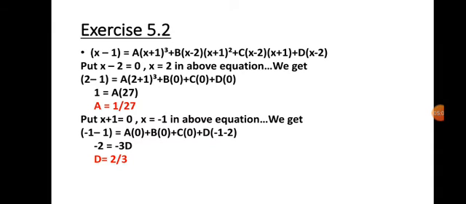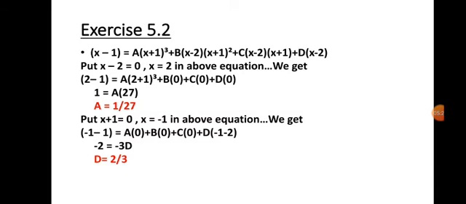So in this way we will get 1 is equal to A into 27, because 2 plus 1 is 3, and 3 raised to power 3 is equal to 27. So A is equal to 1 over 27. In this way we get the first value, A is equal to 1 over 27.